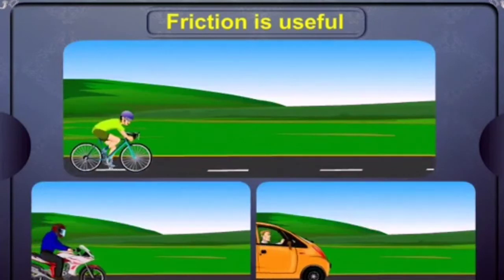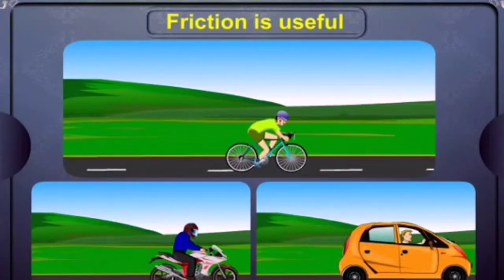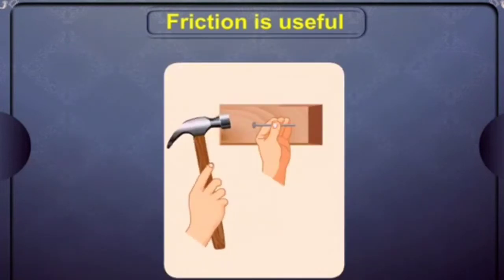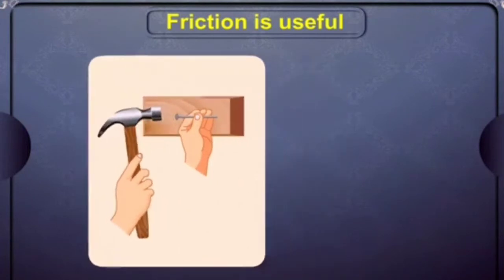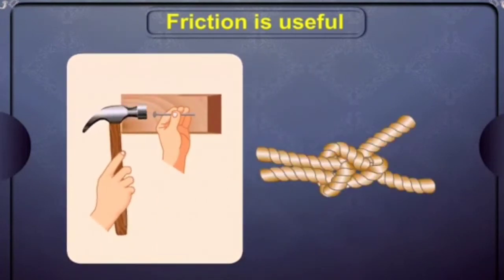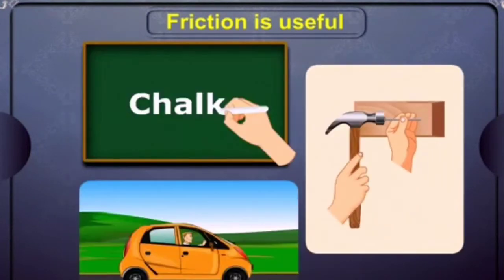Also, we can ride our vehicles on the road because of the friction between the surface of the road and tires of the vehicles. Without friction, you cannot fix a nail on the wall or tie a knot. Thus, friction is useful in many ways.